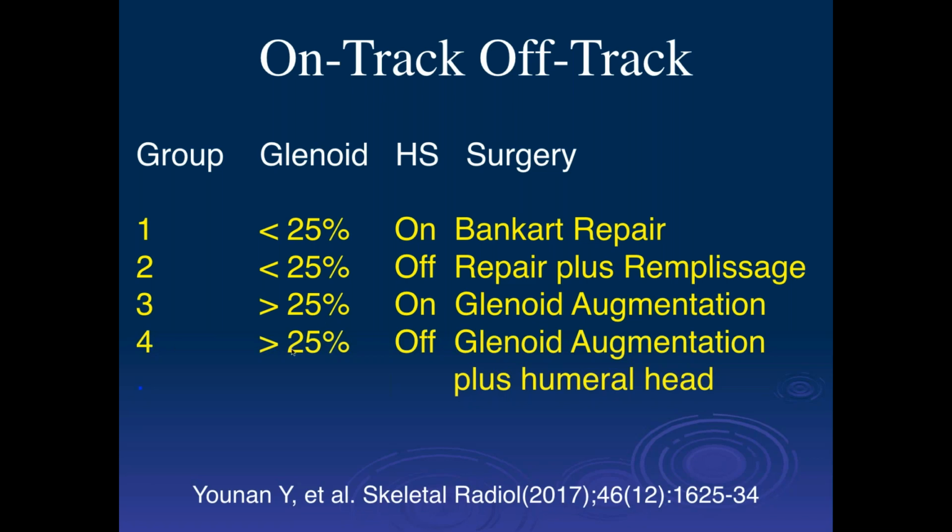And then there's a group 4, which is again where you have a large Bankart lesion, but you have an off-track lesion, which means that they engage, and then you have to do the augmentation plus some procedure to the humeral head. Often remplissage may not be enough if you have this large of an injury, but this would be a much bigger surgery. John, do you want to comment? Well, yeah, you have to make the final decision at the time of the operation. Yeah. You can kind of assume that you're going to do something, but at the time of surgery, you decide. Okay.